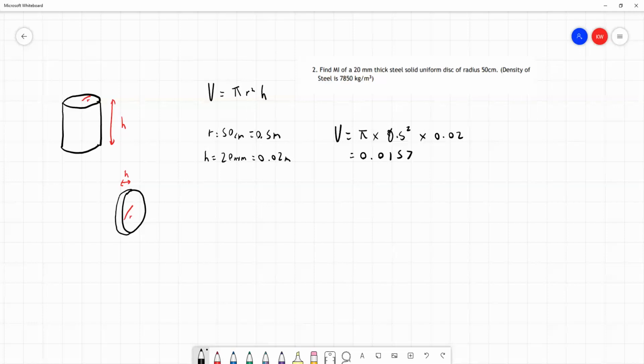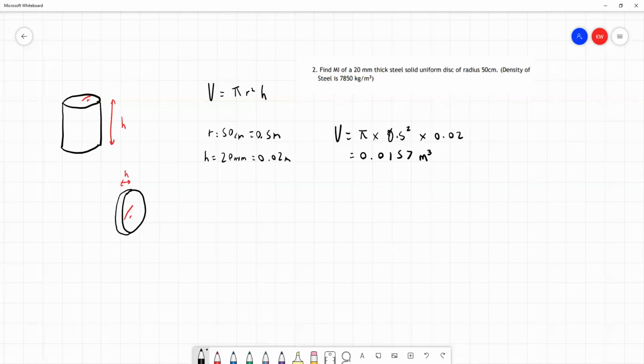But if we wanted to keep it simple, we can leave it here, 0.0157, that's 3 significant figures. And of course our units are meters cubed, because we're working in meters for both the radius and the height. Because it's an earlier stage in the question, if you're calculating this problem and feel you might want to store the calculator value and use it later on in the question, you can do that.